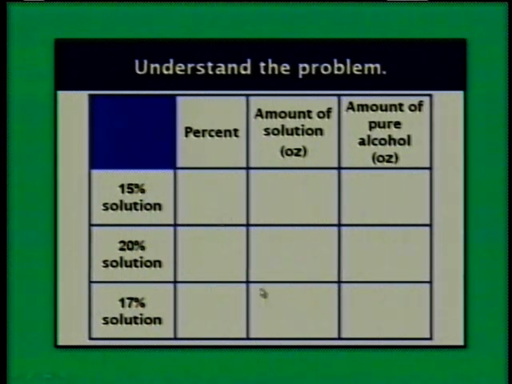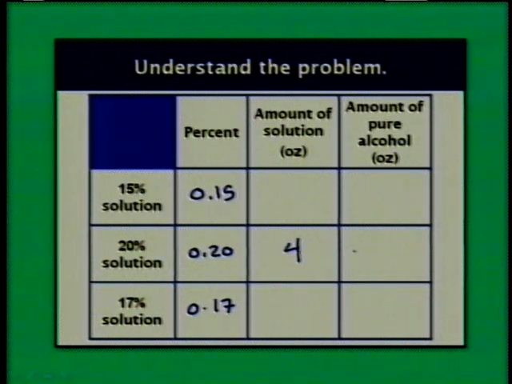So I'm going to fill in what I know. For the percent column, I'm just going to rewrite my percents in decimal form, because that's what I'm going to need to use to make some calculations. I know I have 4 ounces of the 20% solution.